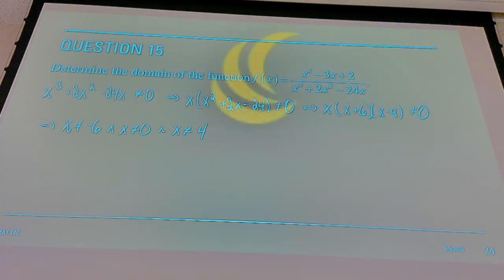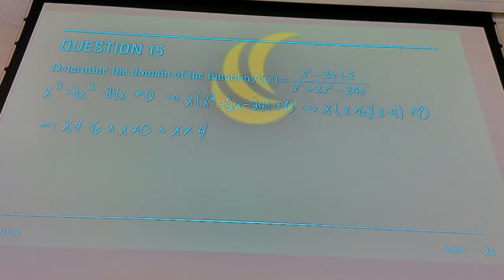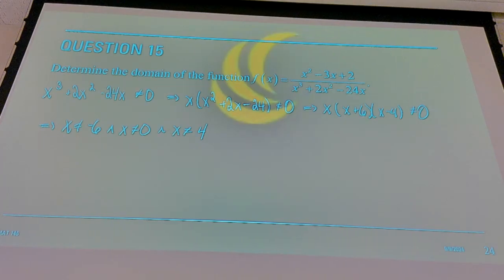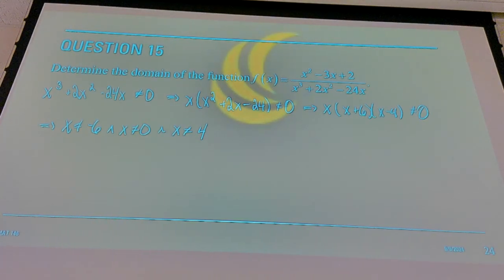Is there a radical? I agree 2 is even. But is it an index of a radical? So is that the second root? No. It's a second power, right? Oh, yeah. Not a second root. Right. So there's no radicals. So that's it. Those are the only restrictions.